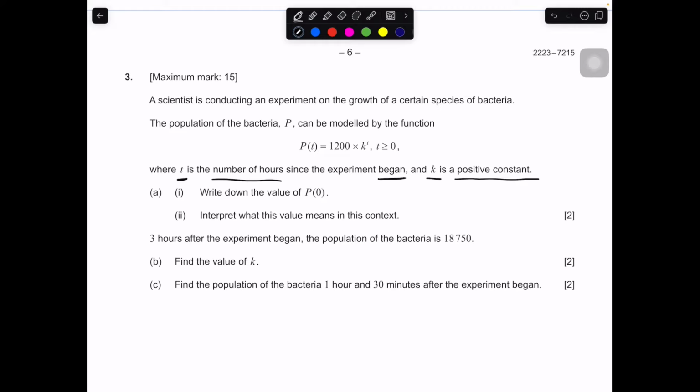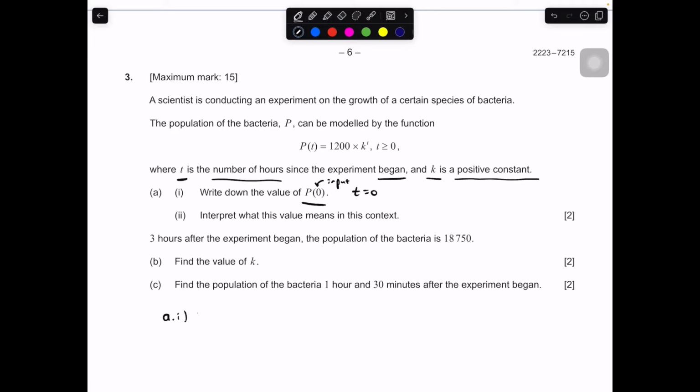Okay. Write down the value of P(0). P is our function, 0 is actually just our input. The question is, really, how many bacteria were there when we started this experiment, when we pressed that timer, when t was equal to 0? Let's go ahead and just work it out.